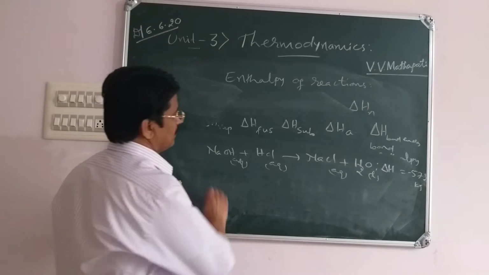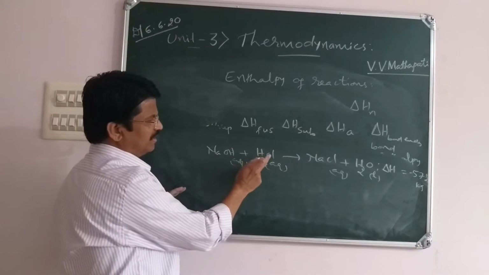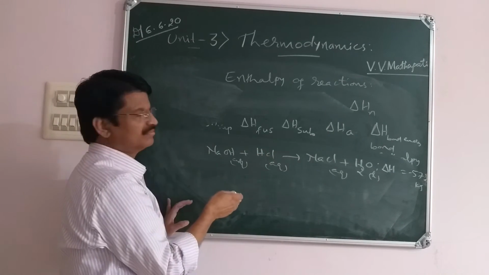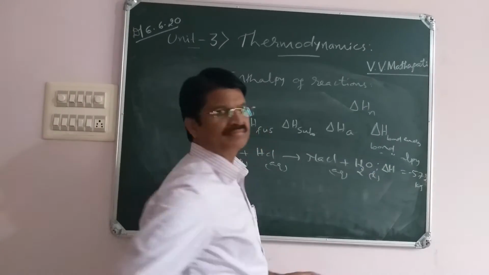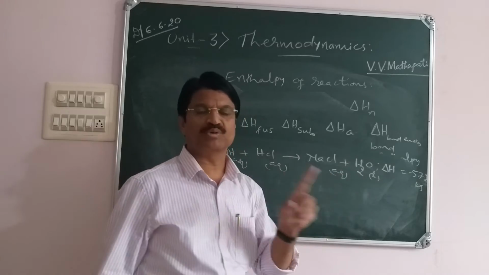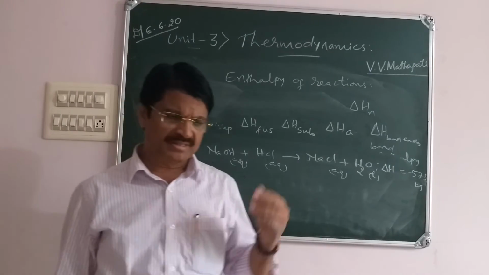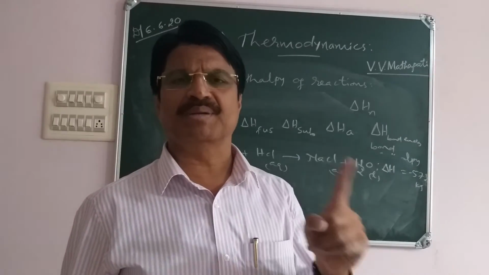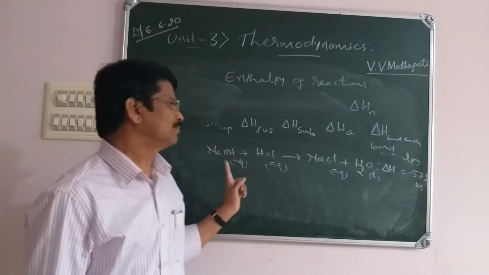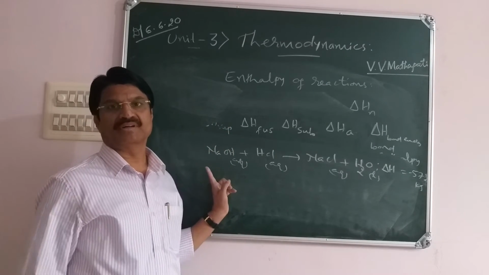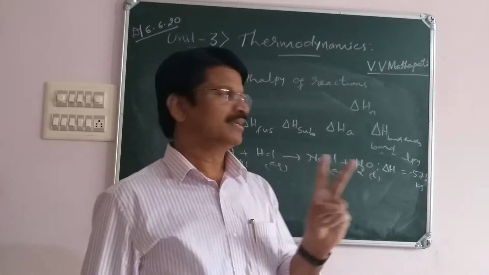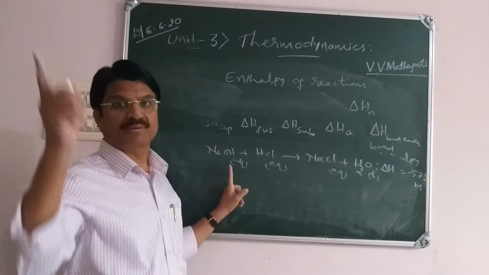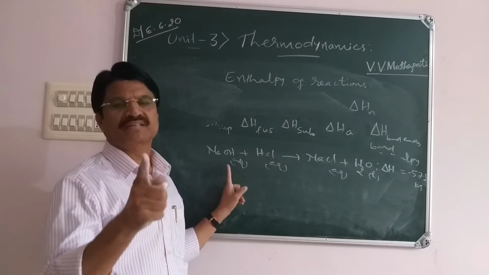Next. When any acid and base mix, they form salt and water, and heat is always liberated. Here I put always: heat is always liberated in case of enthalpy of combustion and enthalpy of neutralization. Always I put in these two cases. Which ones? Enthalpy of neutralization and enthalpy of combustion. Always delta H negative.